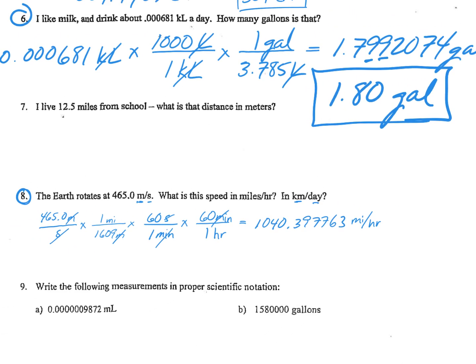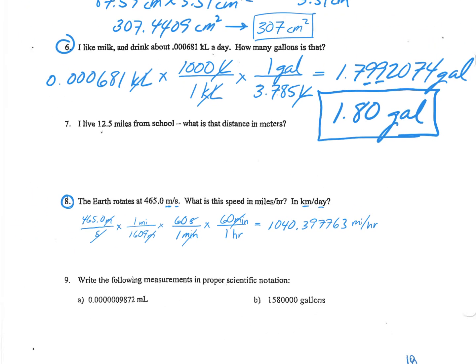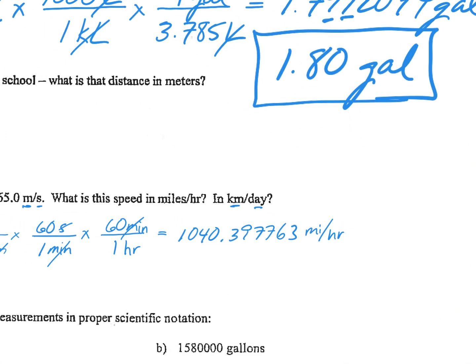Okay, now we are given a number in 4 significant figures. I want my answer to be in 4 significant figures. Okay, 4 significant figures. All right, that's going to change to 1040 miles per hour. That's the answer.